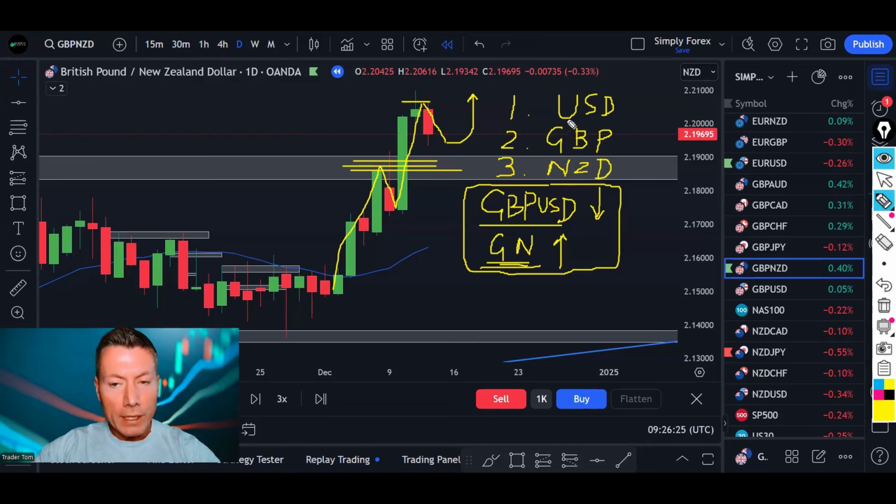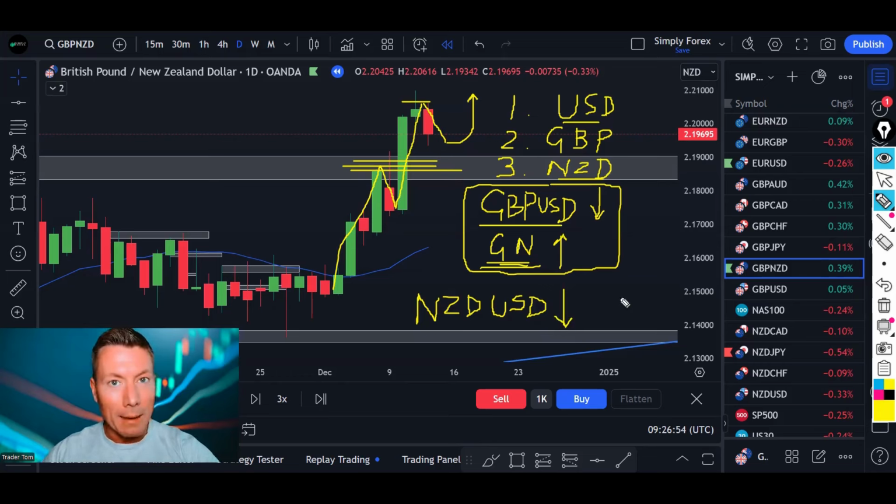Now, if you think about that for a minute, then logically speaking, you would be thinking, I have New Zealand dollar against US dollar, because New Zealand dollar is the weakest and US dollar is the strongest. So really, what your analysis tells you is to sell New Zealand dollar US dollar.